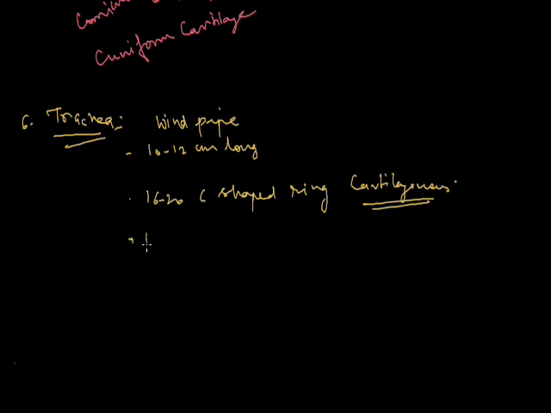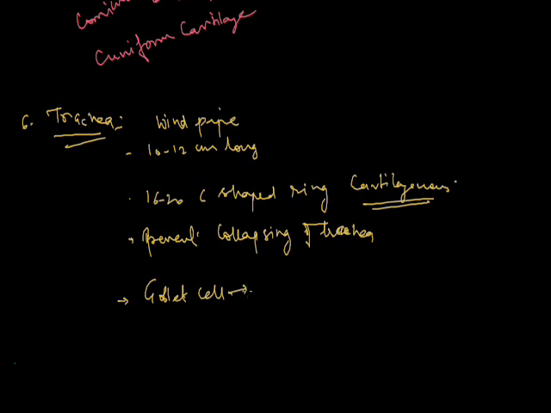Because they prevent the collapsing of the trachea. At the internal surface of the trachea, some goblet cells are also present, and these goblet cells secrete mucus.